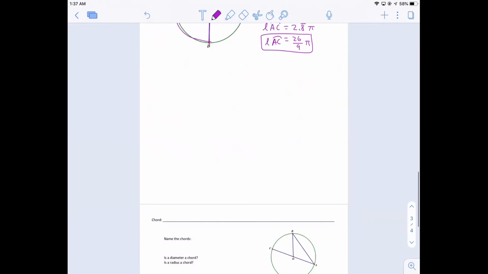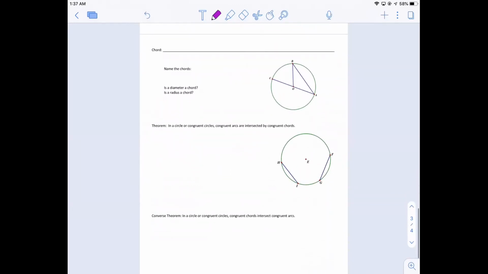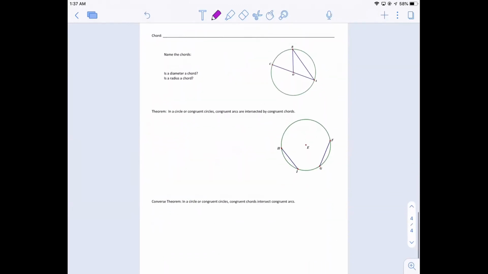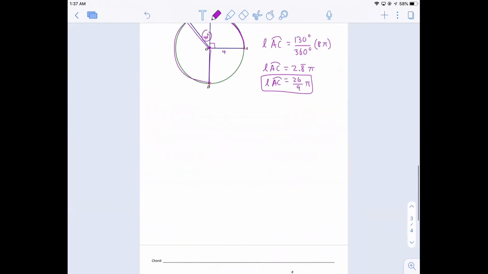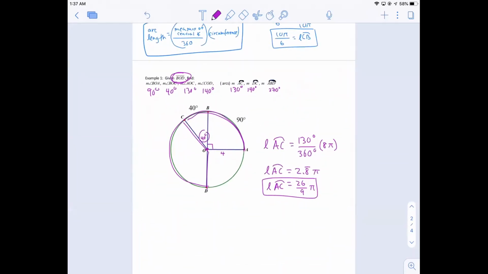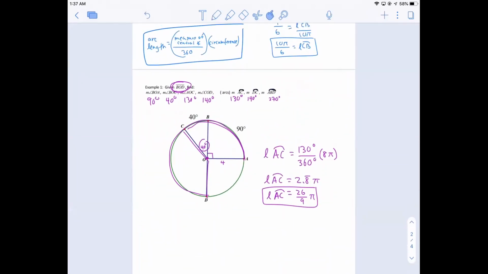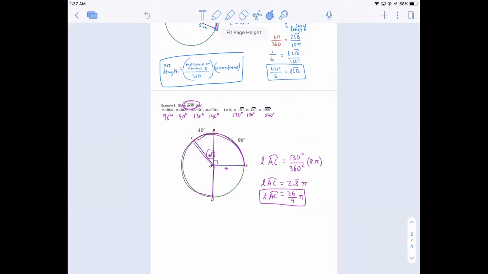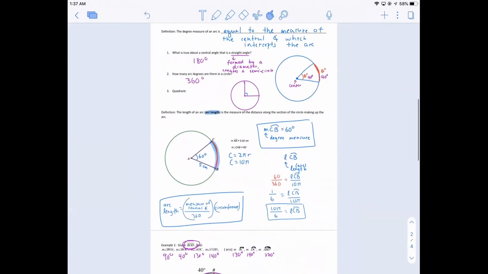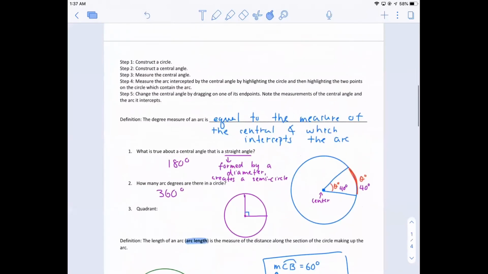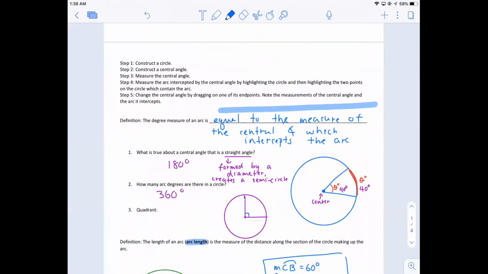So I think I'm actually going to hold off on chords today. We'll save that for the next lesson. So we're going to stop here. Nothing too crazy today, I hope. Just some definitions. The main idea is this right here: the degree measure of an arc is equal to the measure of the central angle which intercepts the arc.